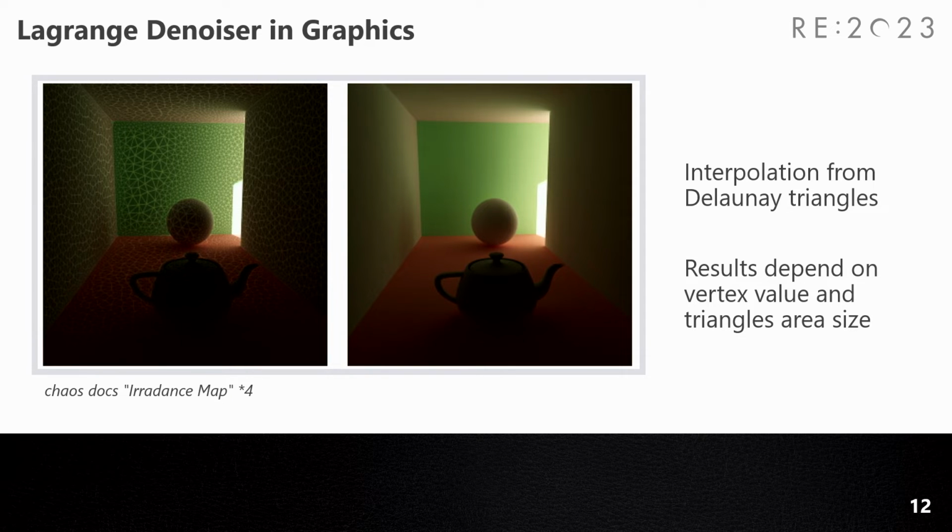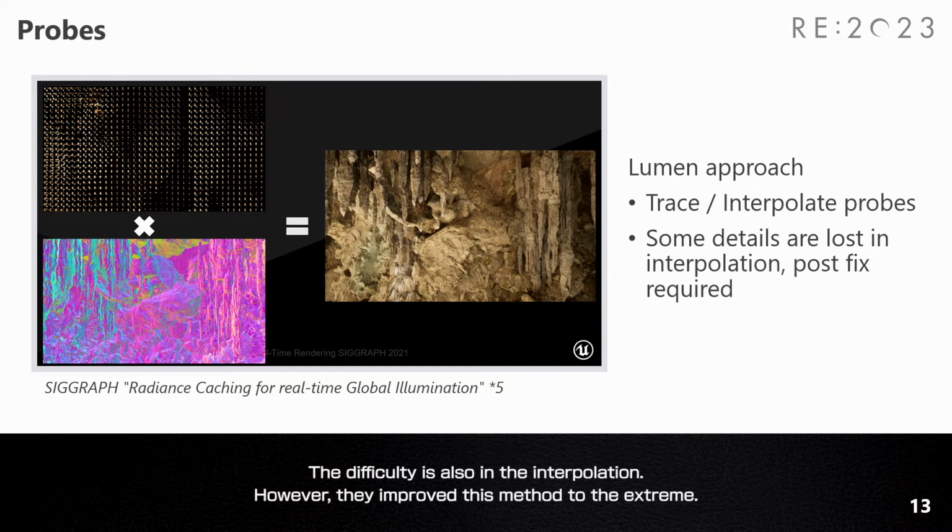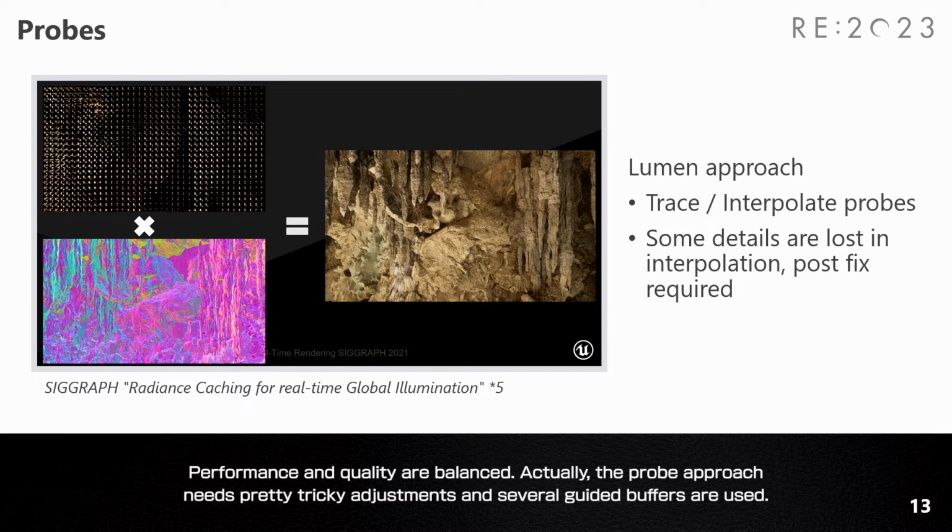The probe approach is one widely used in Unreal Engine and is called Lumen. The difficulty is also in the interpolation. However, they improved this method to the extreme. Performance and quality are balanced.